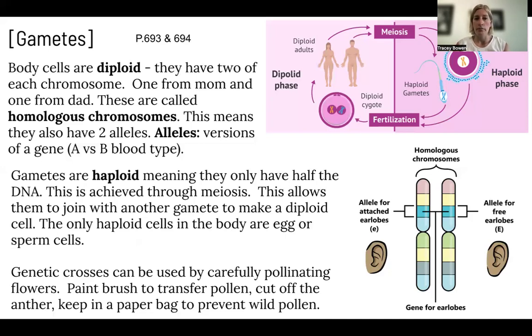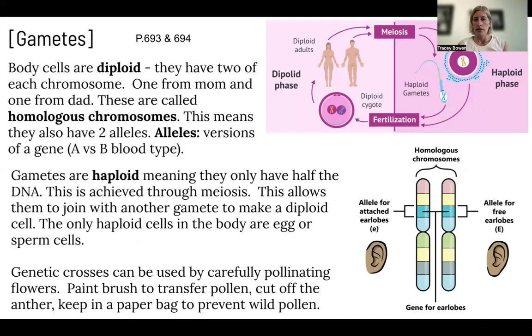Gametes are haploid, meaning they have only half the DNA. And this is achieved through meiosis. This allows gametes to join with another gamete to make a diploid cell. So the only cells in the body that are haploid are egg cells and sperm cells, or reproductive cells, so gametes.